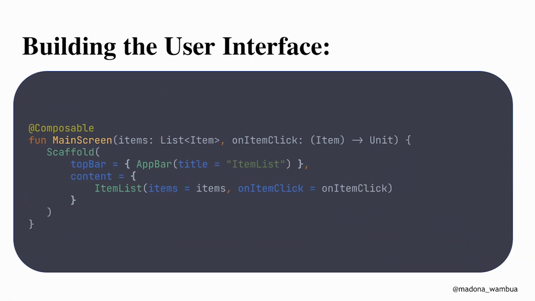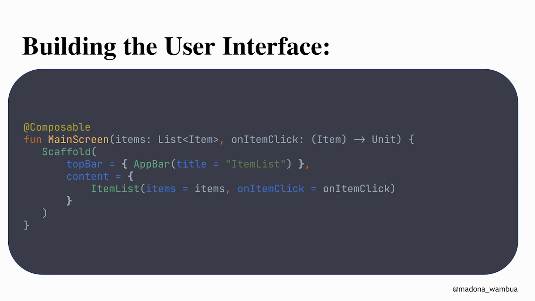Now let's build the user interface. To begin, you will definitely need the main screen, for instance, and the @Composable annotation provided by Jetpack Compose, which indicates that the following function is a composable function. In Compose, composable functions are the building blocks of the UI. That's how I think about them myself.